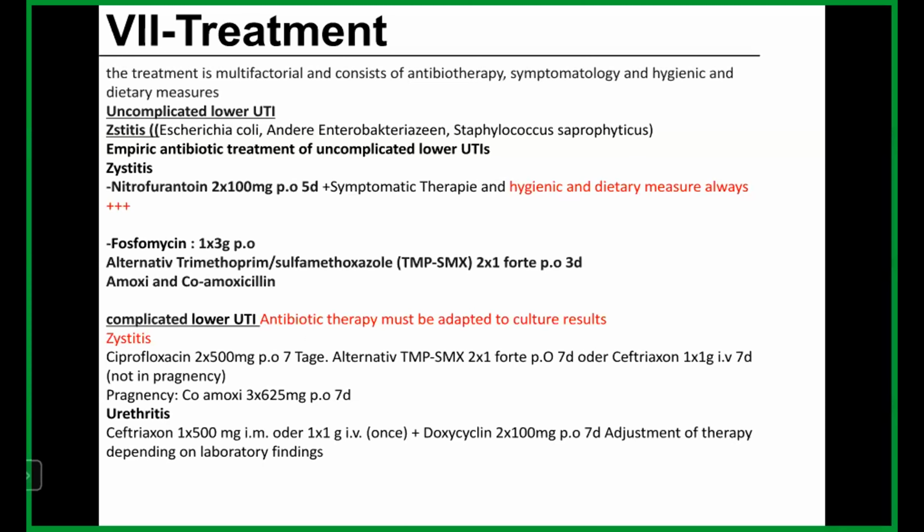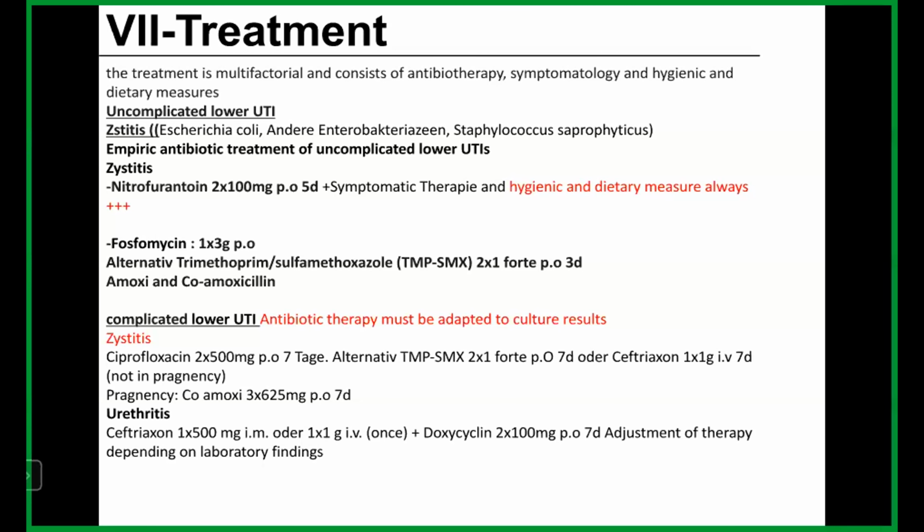Empiric antibiotic therapy means that before the identification of the bacteria, we start the therapy for the patient. And this therapy is nitrofurantoin. This is an antibiotic. We give it 2 times a day, 100 milligrams, for 5 days per patient.